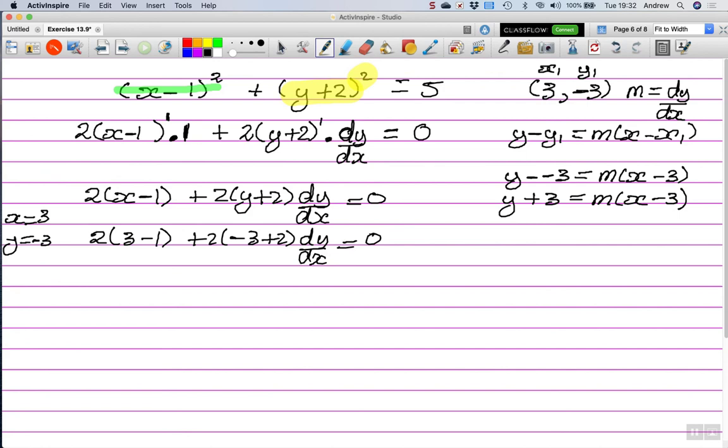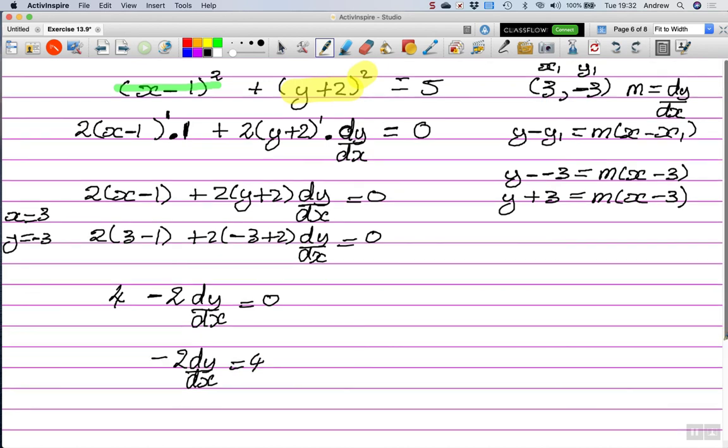Tidy up: 3 take 1 is 2, 2 2s are 4. Minus 3 plus 2 is minus 1. Minus 1 times 2 is minus 2 dy/dx, equal to 0. Bring the 4 over, so minus 2 dy/dx is equal to 4.